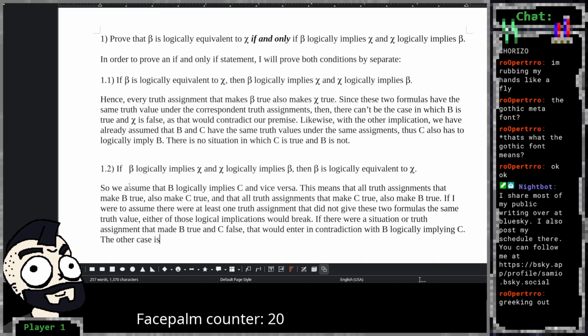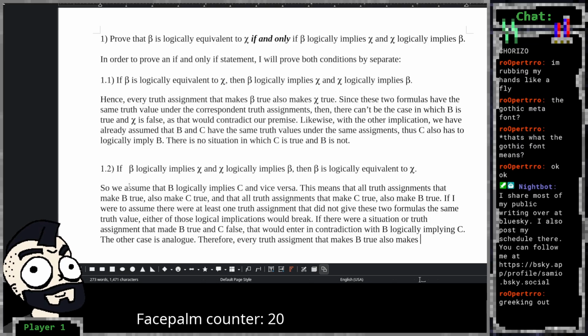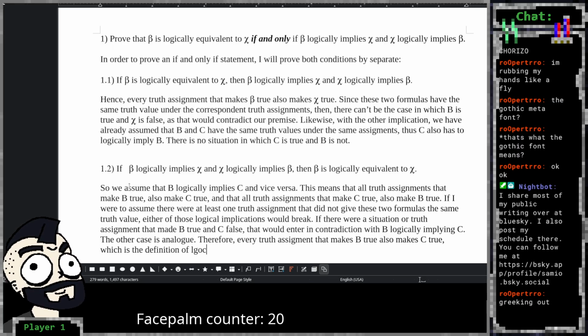The other case is analogous. Therefore, every truth assignment that makes beta true also makes chi true, which is the definition of logical equivalence.